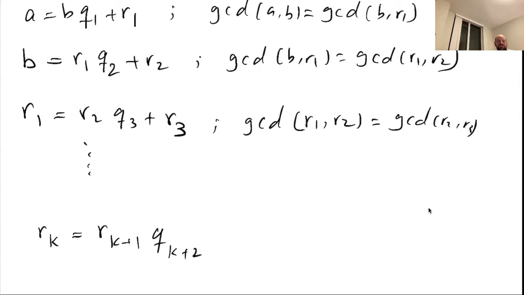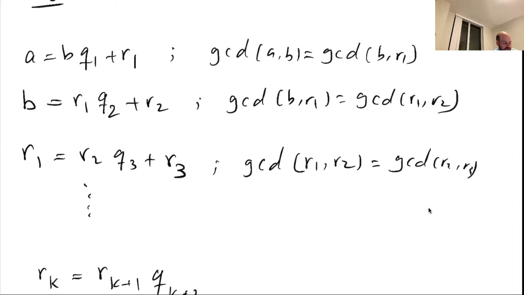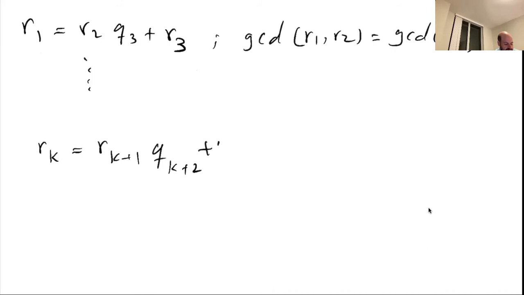If one becomes the multiple of the other one, so see, these are the pairs. We have B and R1, then R1 and R2, R2 and R3. At some point, one of them becomes the multiple of the other one, and the remainder becomes 0. In that case, we can say GCD of RK and RK plus 1 is equal to RK plus 1.